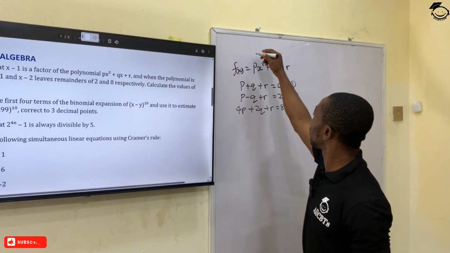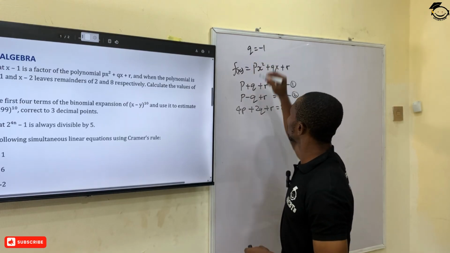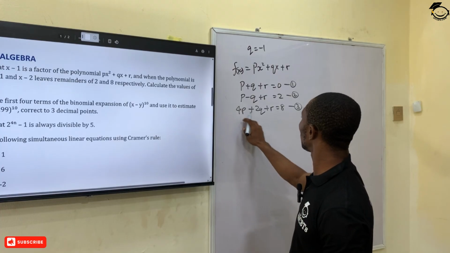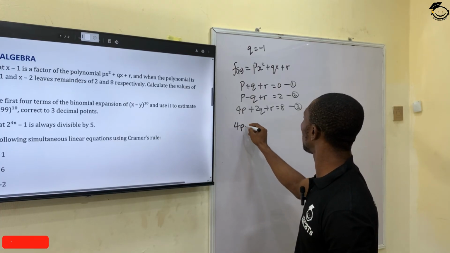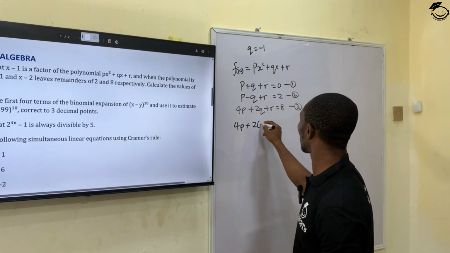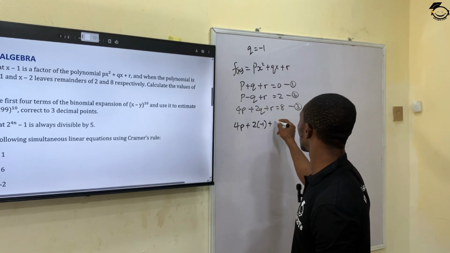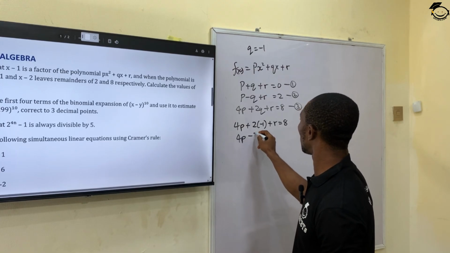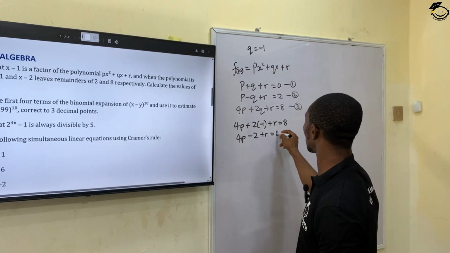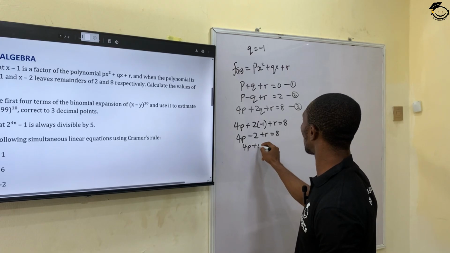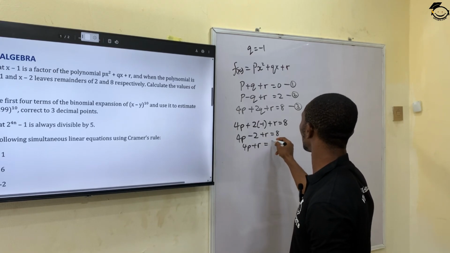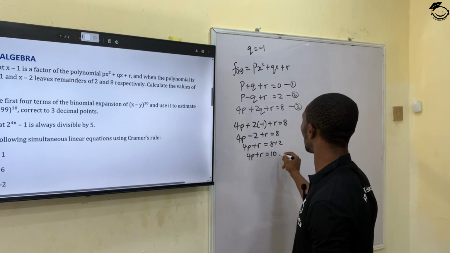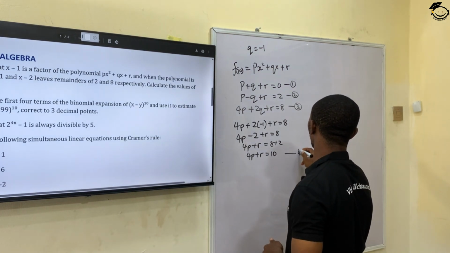All right, bear in mind that our q equals minus 1. All right, substituting q into this, we are having 4p plus 2 bracket minus 1 plus r equals 8. This will give us 4p minus 2 plus r equals 8. So 4p plus r equals 8 plus 2. 4p plus r equals 10. Let's call this equation 4.